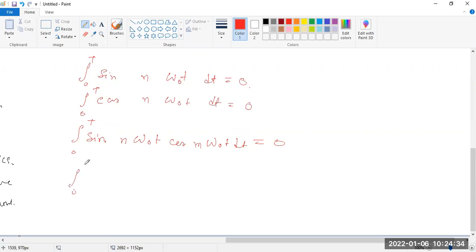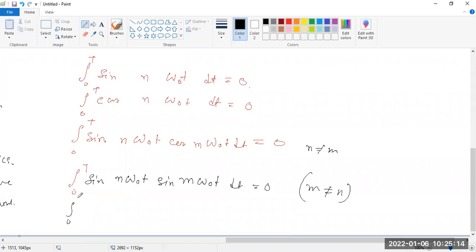The integral from 0 to T of sine n omega 0 t sine m omega 0 t dt is also 0, for m not equal to n. Just remember this formula. Here also n not equal to m.